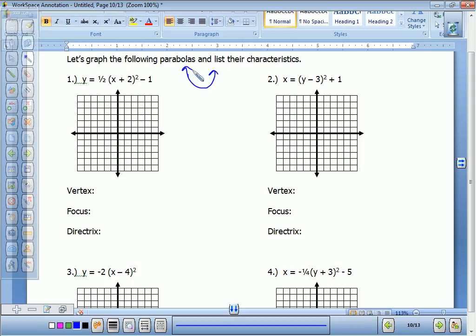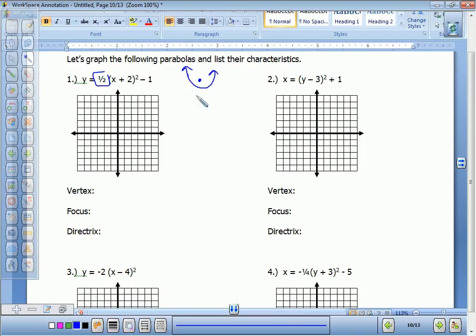Now, just like every conic, the foci of any conic is always inside the conic. So if it's an ellipse, they're inside. If it's a hyperbola, they're actually inside, right? If it's a parabola, the focus is inside.